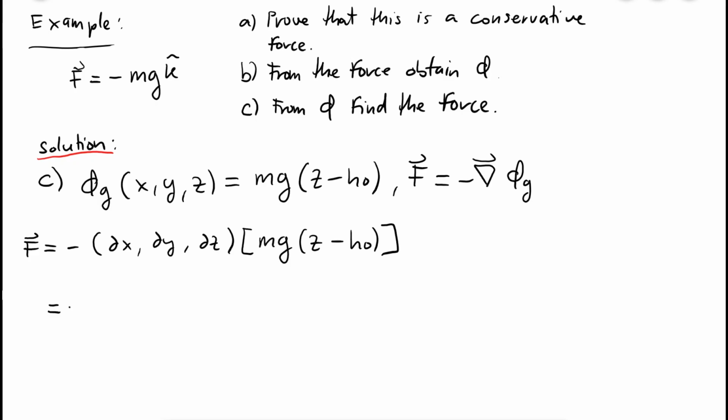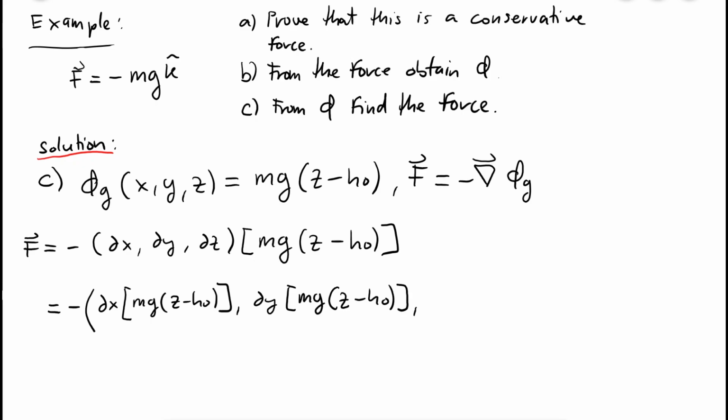So you can write this as minus the gradient: partial derivative with respect to x of mg(z minus h0), comma, partial derivative with respect to y of mg(z minus h0), then partial derivative with respect to z of mg(z minus h0).